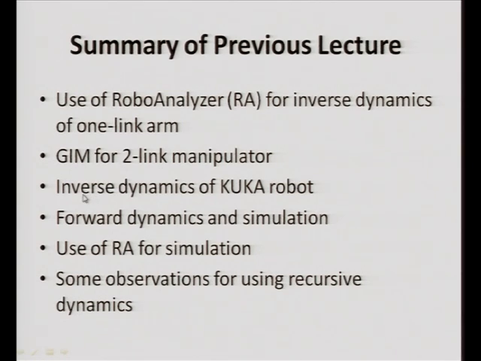We have seen inverse dynamics using RoboAnalyzer for KUKA robot. Forward dynamics and simulation, how the problem has to be formulated for single link, and then we have used RoboAnalyzer again for simulation, and then at the end some observation about using recursive dynamics. It basically means you should be using it for more number of links with more degrees of freedom.